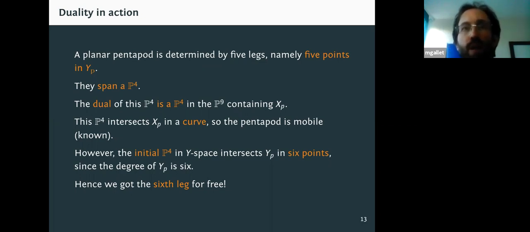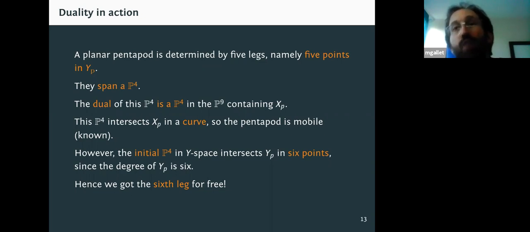Very good. But now we can look back and see that the only thing that mattered to get a curve was the initial P4, so the span of the 5 points. But the P4 in P9 intersects YP, which is a variety of dimension 5, in finitely many points. How many? The degree of YP.